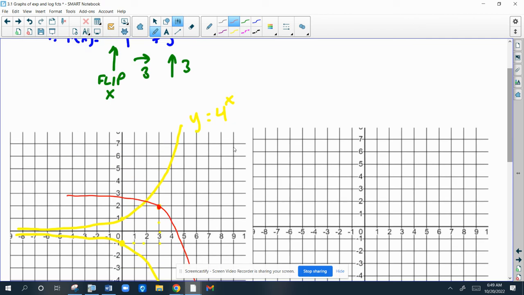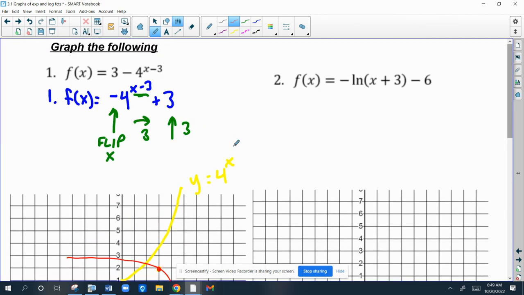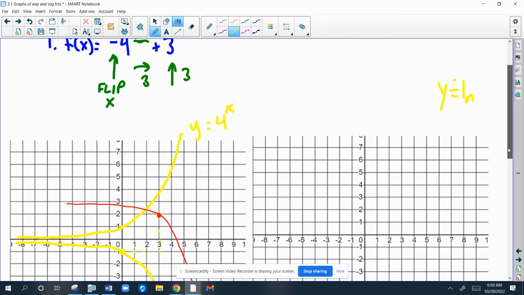So the next one is this natural log function, which is log base e. And this one is actually very similar to the one we just did. So it has all the transformations in it, but first of all, it's a log. So the log function, the ln function, or log base e, looks like this.